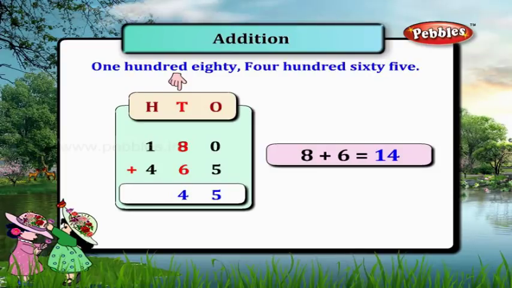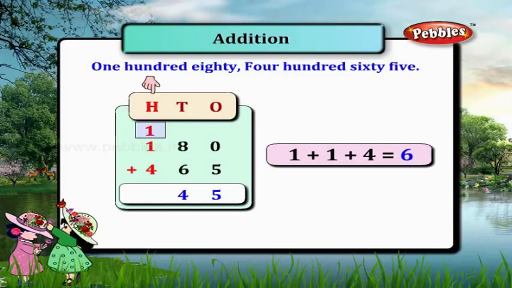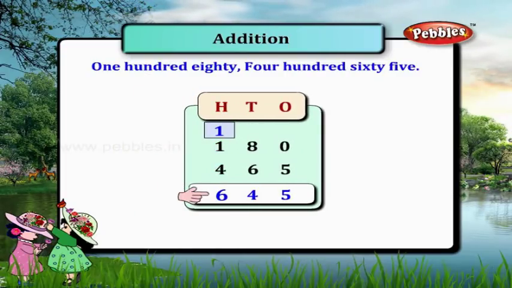Write 4 in the tens column and carry over 1 to the hundreds column. Add hundreds. 1 plus 1 plus 4 equal to 6. The total is 645.